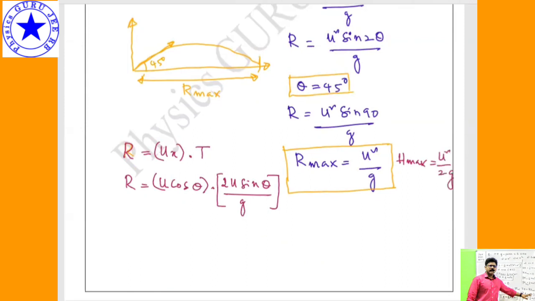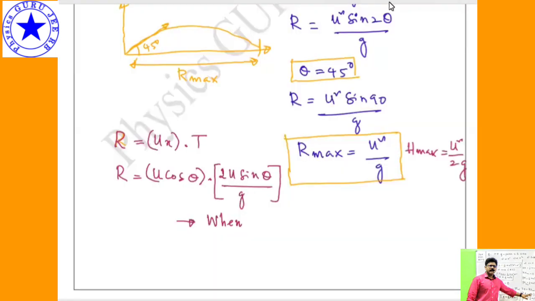We want a relation between H maximum and R maximum, so we can take H maximum divided by R maximum and obtain that expression. Up to here, any doubts, let me know, then we'll proceed. Hope this is clear to all.